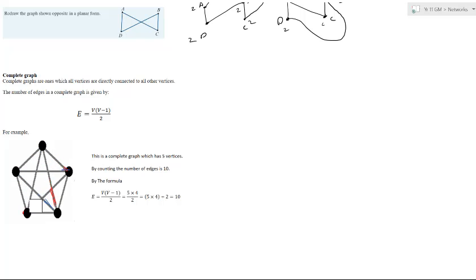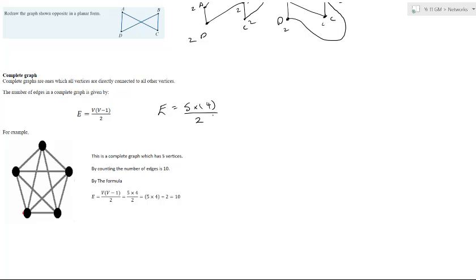And then if it's a complete graph, we have this formula that works. So the number of edges in the graph is the number of vertices times 1 less than the number of vertices, divided by 2. So let's just check that, right? How many vertices here? 1, 2, 3, 4, 5. So I'm going to say that the number of edges is 5 times 5 minus 1 is 4, over 2.